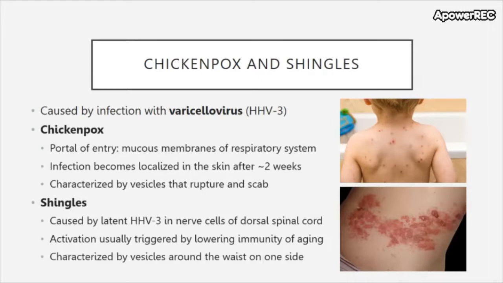Chickenpox can occur around your torso or your body and your limbs, etc. But because shingles hides away in the nerve cells of the dorsal spine, you tend to see it following those nerve cells down a path. So it grows along the side of the torso from the back side towards the front of the belly.